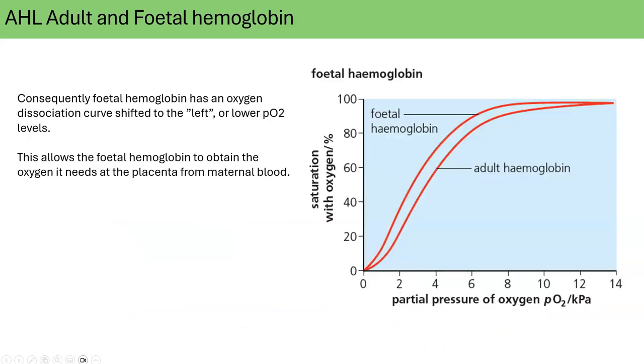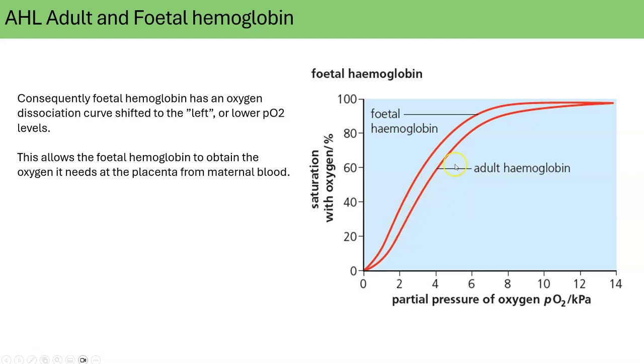So when we look at the oxygen dissociation curves for these, you'll see that the fetal hemoglobin is shifted to the left, which means that at a given partial pressure of oxygen, oxygen is more likely to go to the fetal hemoglobin instead. In the placenta, I would assume the partial pressure of oxygen would be somewhere in the middle range.